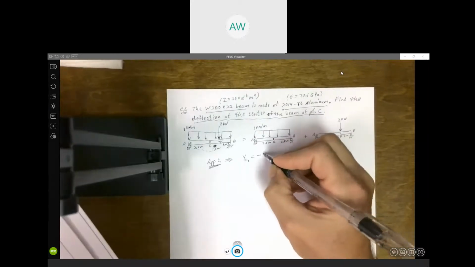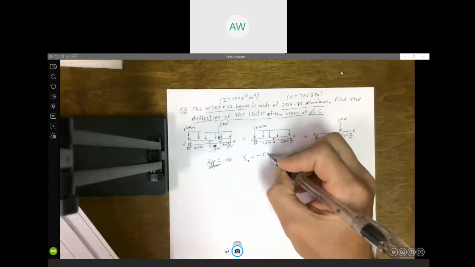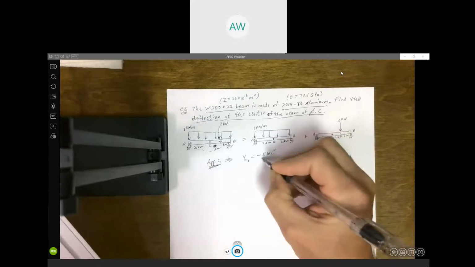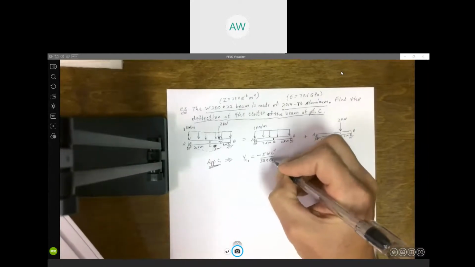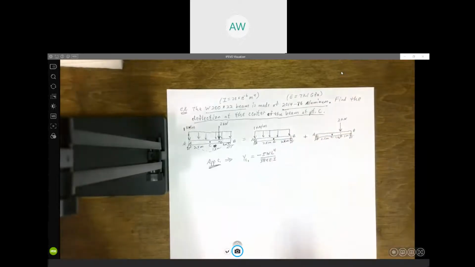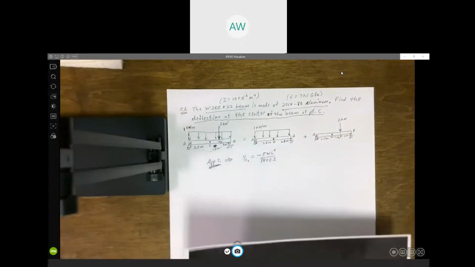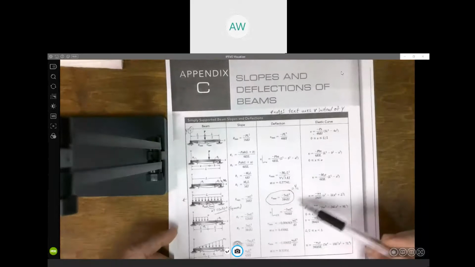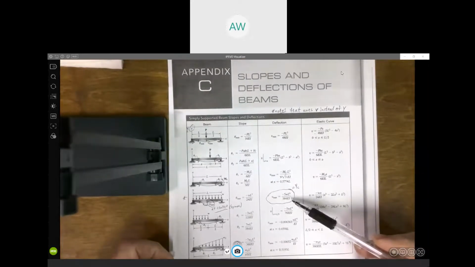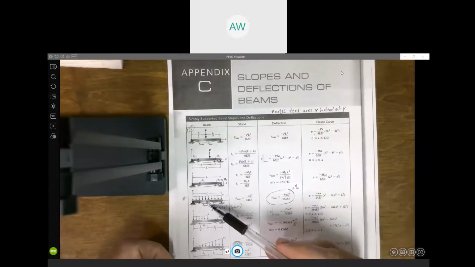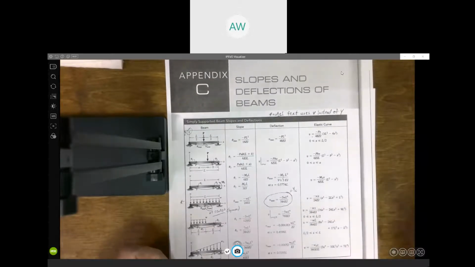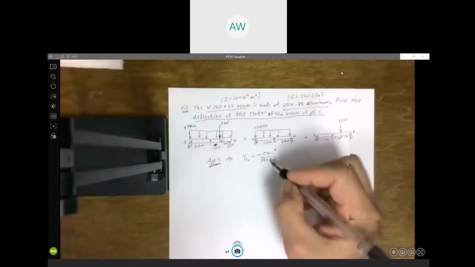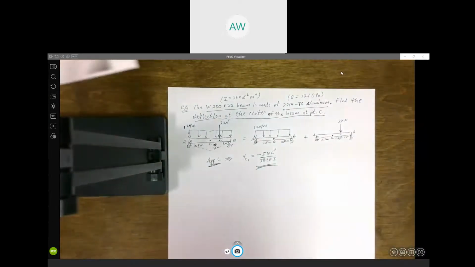Minus 5 WL to the 4th over 384 EI. Now again, all I've done is just copied this formula right here for the displacement of the center of that beam due to the distributed load. Okay, and then we put that in here.